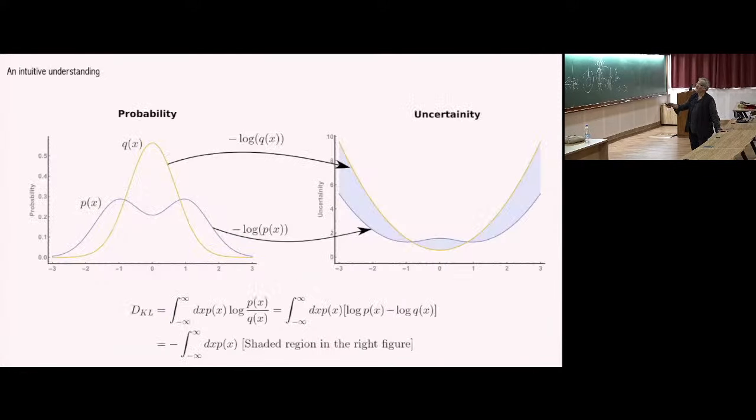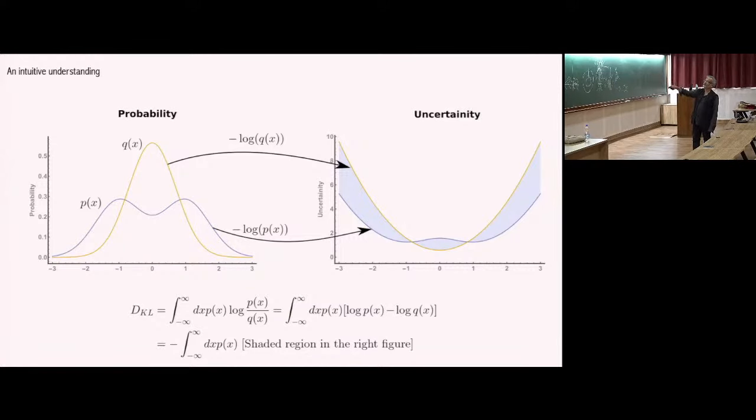Let's just rewrite dKL in terms of this quantity. I'm just doing simple algebra. So I'm going to plot minus log Q of x and minus log P of x. So I take this, minus log Q of x looks like that. And for this P of x, minus log P of x looks like this.